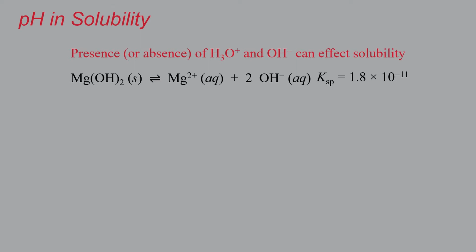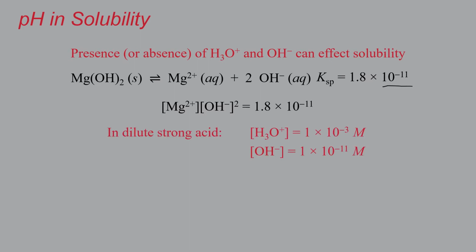Now, in pure water, the Ksp for this is 1 times 10 to the negative 11. So note, small. Which means that the magnesium concentration times the hydroxide concentration squared will be 1.8 times 10 to the negative 11.